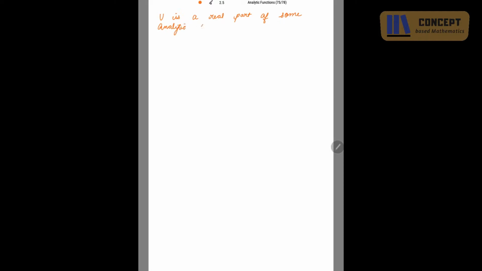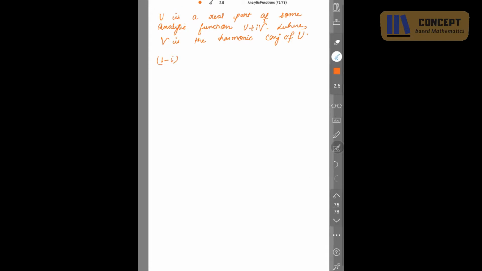And what is that analytic function? Let that be equal to U plus iota V, where V is the harmonic conjugate of U. Okay, what is my equation that I have in the previous page?